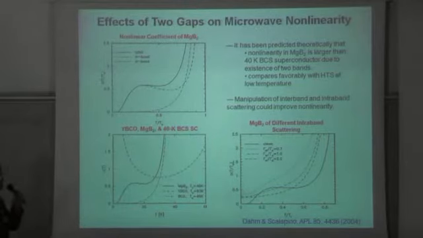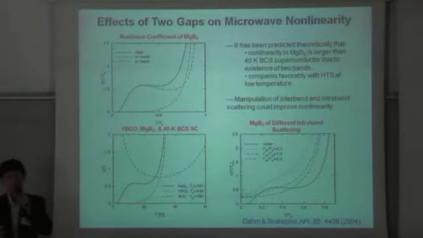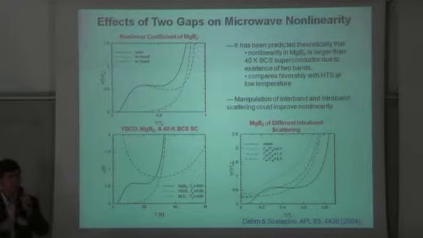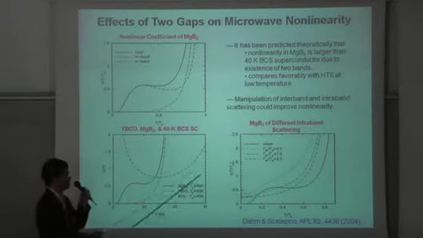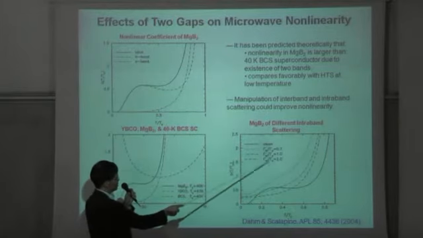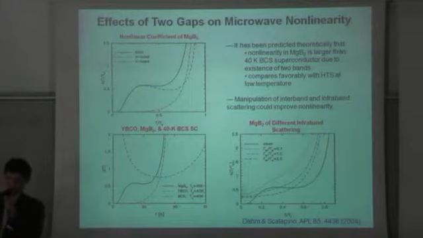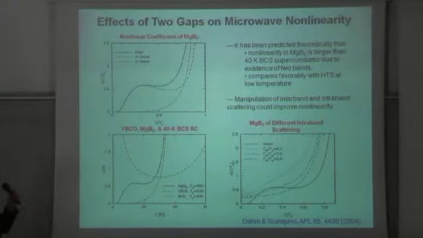That's the bad news. The good news is that you can tune this nonlinearity by tuning the relative cleanness of the two bands. This plot shows curves that correspond to different situations, where in some situations the pi band is dirtier, in some situations the sigma band is dirtier.